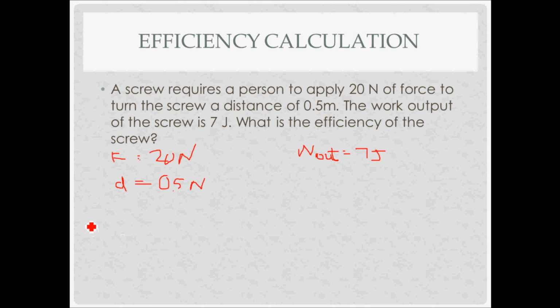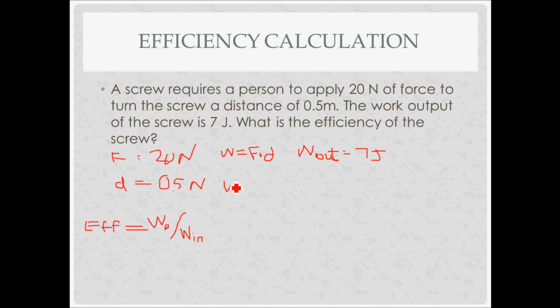If we want to calculate efficiency, our equation for efficiency was the work out divided by the work in. So we have work out, but the problem didn't give us work in directly. But we have a force and a distance, so if you remember, our equation for work is work equals force times distance.